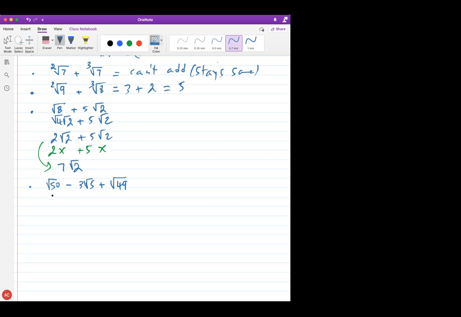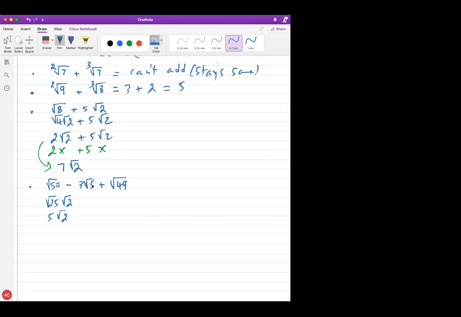What are the numbers that we used last time for 50? 25 and 2. That's right. We use 25 and 2 because radical 25 is 5. So this one is 5 radical 2, completely simplified.